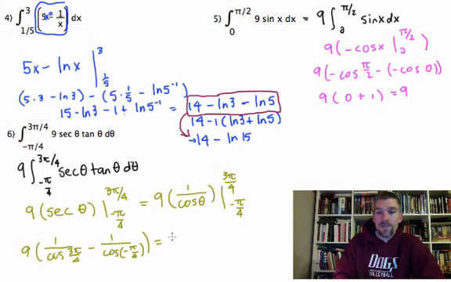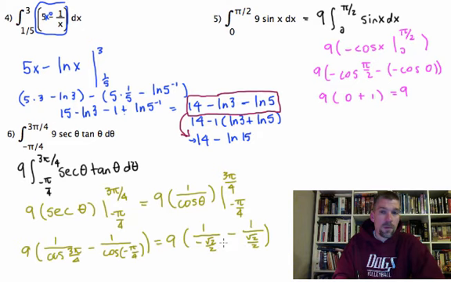So I'm going to have 9 times 1 over, and 3 pi over 4 is in the second quadrant, so cosine's negative. So this would be negative square root of 2 over 2, minus the cosine at negative pi over 4, and that's in the fourth quadrant, so it's going to be positive. So 1 over square root of 2 over 2.